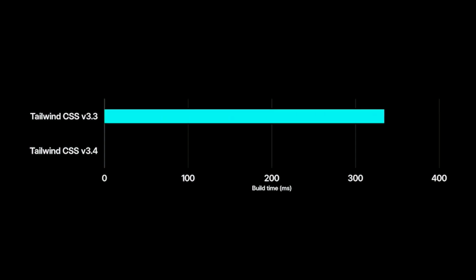Here's an example of the performance improvement. In Tailwind CSS 3.3, I have a pretty realistic example project that I'm going to use for this demo. When I measure the performance of doing a production build with minification and stuff like that on Tailwind 3.3, we're getting compile times of about 330 milliseconds. Using the new Oxide engine, doing all the exact same stuff, the whole thing compiles in about 130 milliseconds.